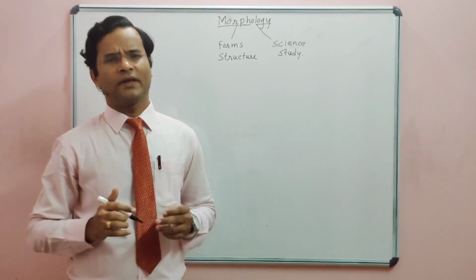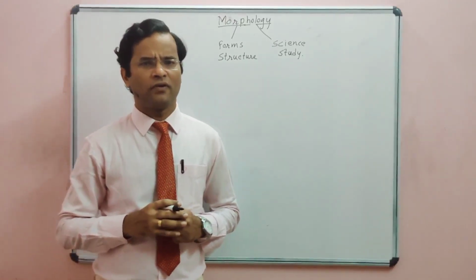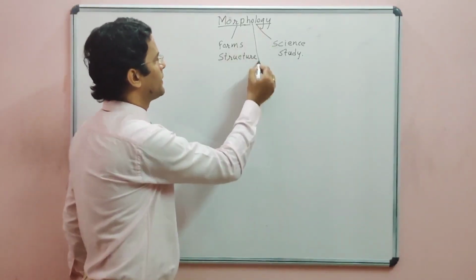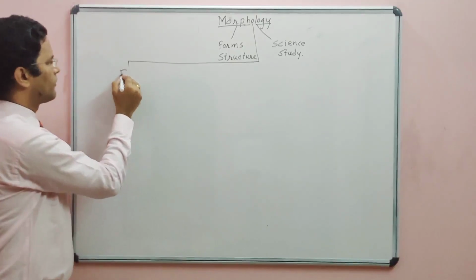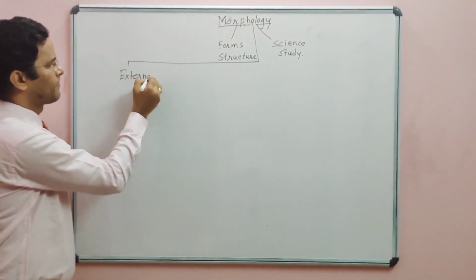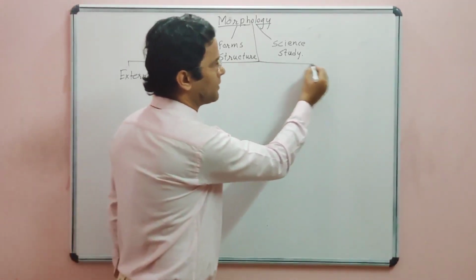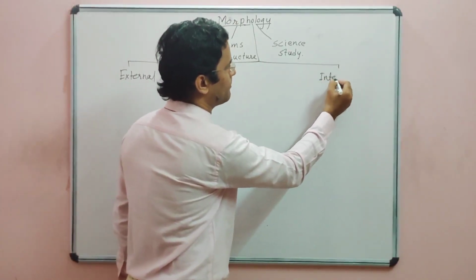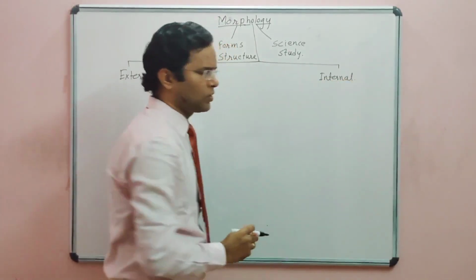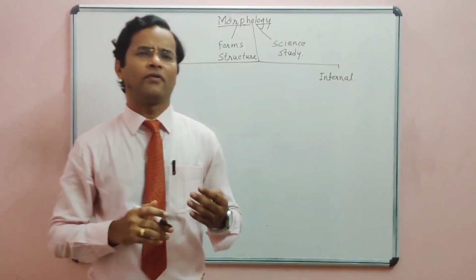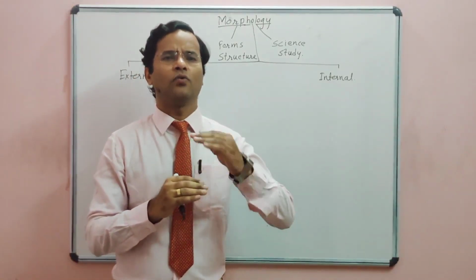Morphology is basically of two types. The first is external morphology, and the second is internal morphology. In the case of external morphology, what is meant by external? The outer side.